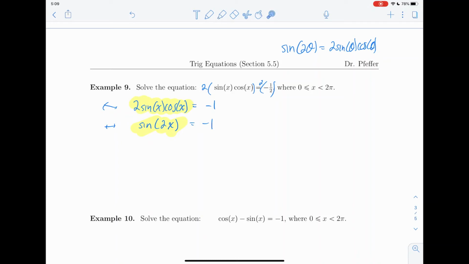And now it turns out this is an equation we can answer, noting that we want angles between 0 and 2 pi, and we see a 2x on the inside. We don't want to just set 2x equal to the answer from 0 to 2 pi, which to get a sine of negative 1, ordinarily you do 3 pi over 2.